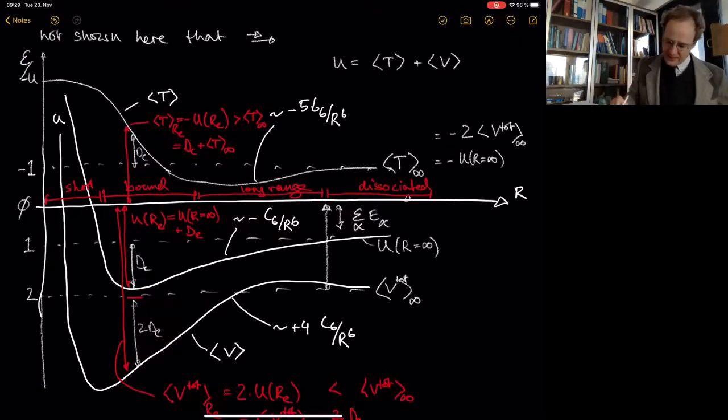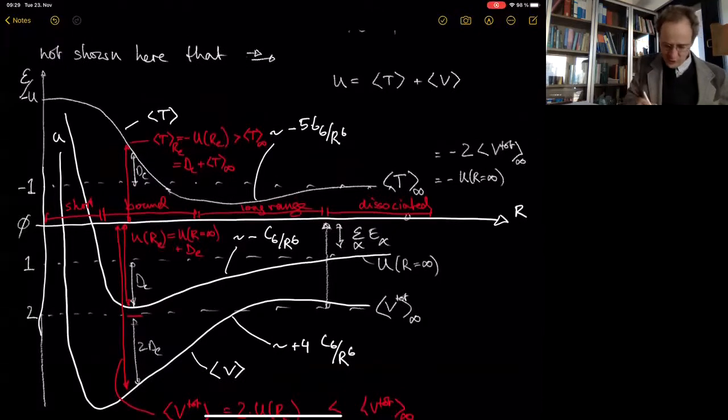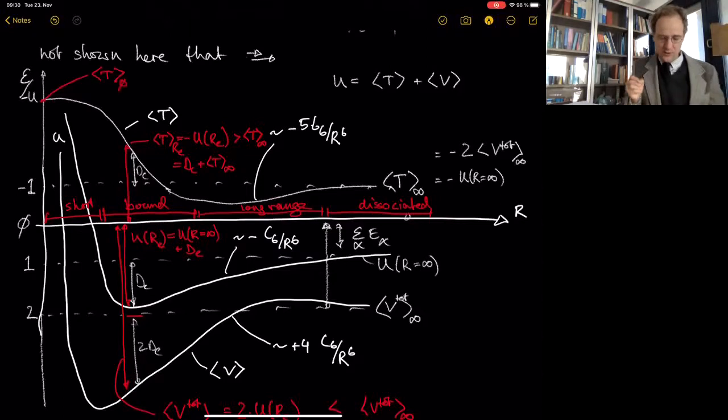And now you have in the short range the parabola, the flipped parabola we discussed yesterday. So this is the offset, right? So this value here is T at R equals 0.